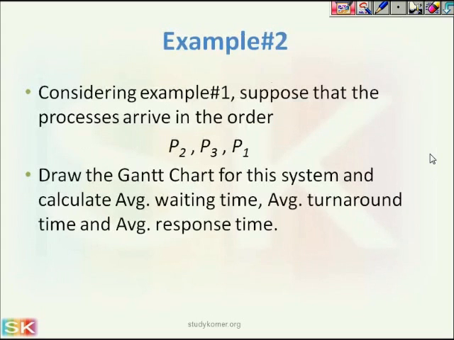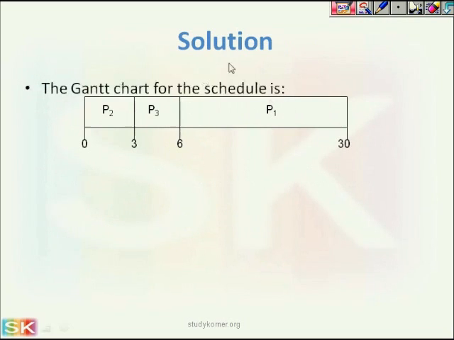And their order is P2, P3, P1. So first of all, P2 will be executed for 3 seconds, 0 to 3. Then P3 will be executed for 3 seconds, 3 to 6. And then P1 is executed for 24 seconds, so from 6 to 30, right?